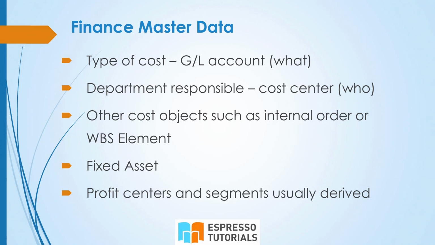These objects are usually known as cost assignment objects, and at least one is required for all primary and secondary costs, but not necessarily for non-operating costs, although those are not usually posted via an invoice anyway. There are other financial master data objects such as profit centres and segments, but these are generally derived automatically from other objects.